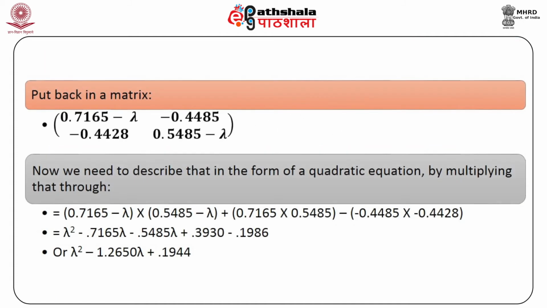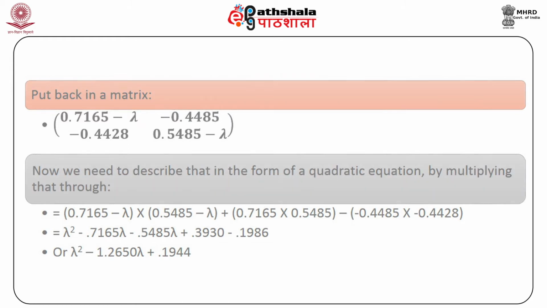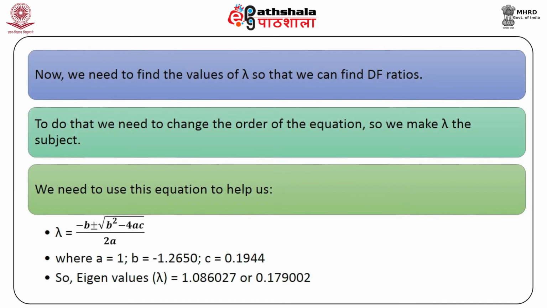Now, the same values which were calculated were put in matrix form, and now we need to describe that in the form of a quadratic equation by multiplying through the equations, and we arrive at a quadratic equation which is represented here as lambda square minus 1.2650 lambda plus 0.1944.